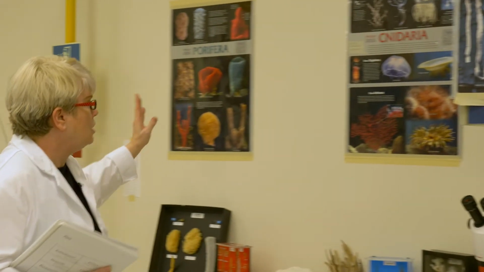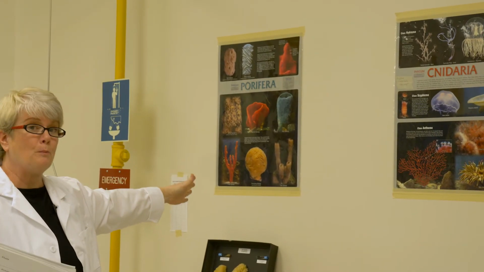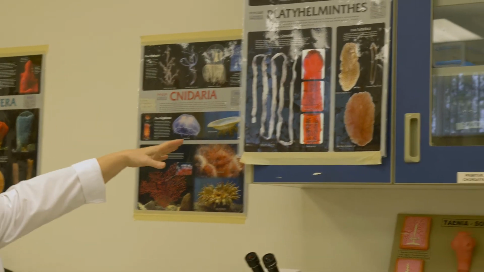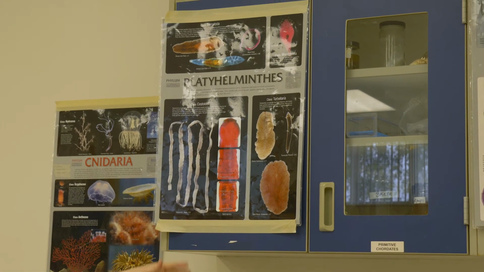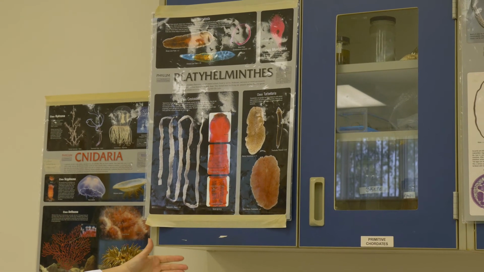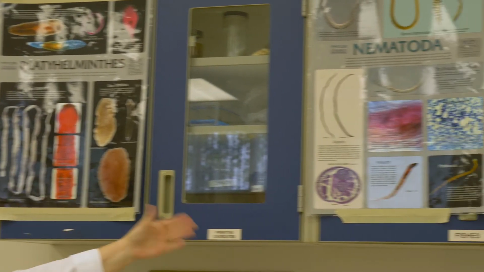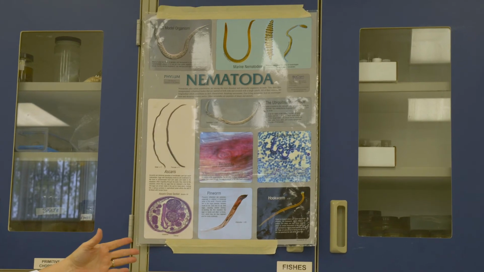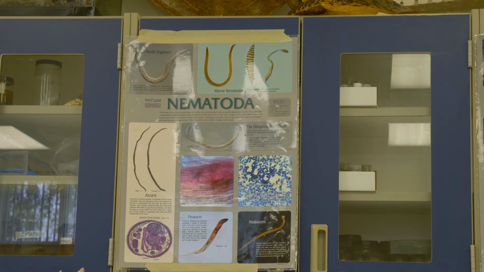So no coelom, that means no body cavity that you fit organs into. Platyhelminthes, again, we now have 3 tissue layers, so now we start using the word coelomate. This one is acoelomate. 3 tissues, but this one now becomes pseudocoelomate.